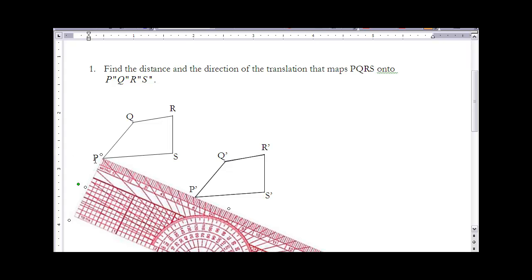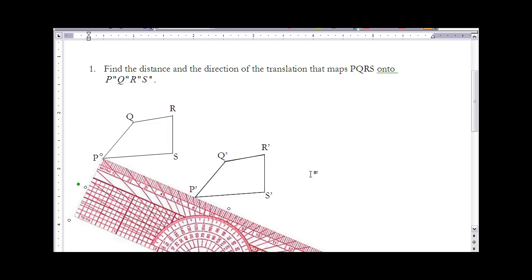If I measure that distance on my ruler, mine might be different than yours because I've scaled it up here on the screen a little bit, but using this ruler and the distance I have on the screen, I've got a distance of about 5.7 centimeters.